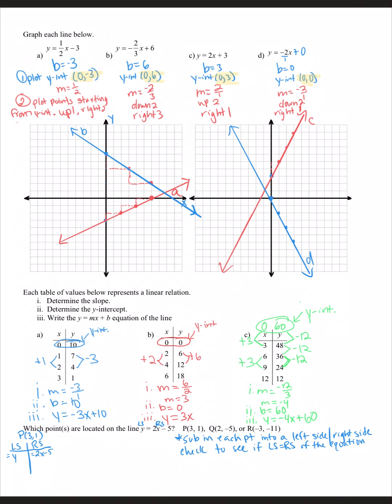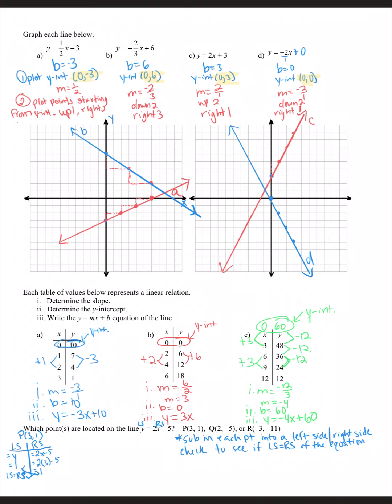And then we're going to substitute in for x and y. So on point P, my y value is 1, and my x value is 3. So we'll just continue to simplify. 2 times 3 is 6. 6 minus 5 is 1. So if we look, the left side equals the right side. So that means that point must fall on that line. So I'm going to put a check here, but we know that point P does actually work.